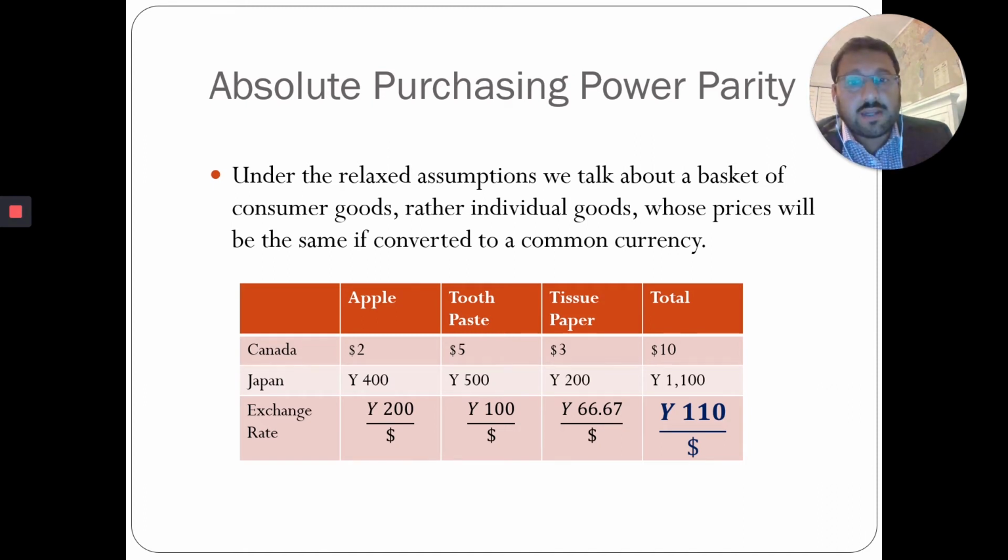And how did I get it? I added up all the Japanese yen prices, I added up all the Canadian dollar prices for these units, and divided 1100 yen by the $10, and this is how I got this exchange rate. So this exchange rate will prevail, rather than the exchange rates which we inferred from the prices of the individual goods.